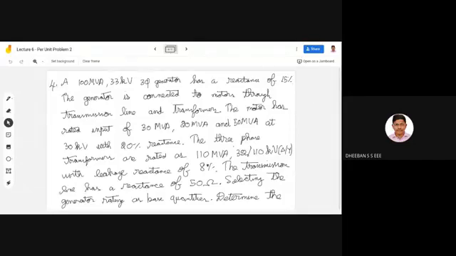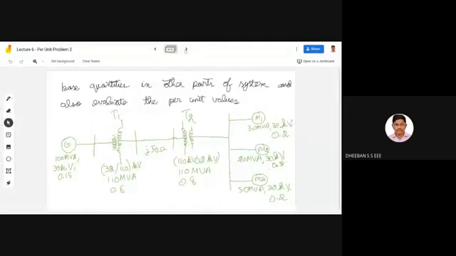Okay, I'll be directly getting into the single line diagram. So this problem has a generator, and the generator is powering nearly 3 motors.